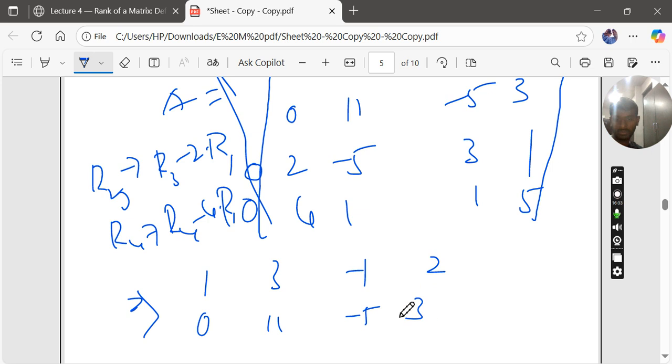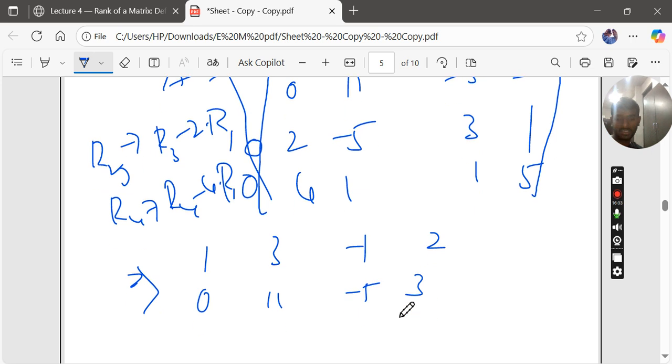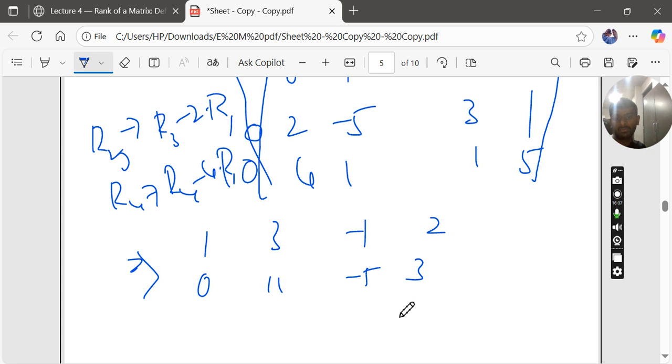So now multiplying R1 with 2 and subtracting from R3, what will I get? 0, and here 6 is there, so minus 5 minus 6, minus 11, and again here 2 is there, minus 2, and here plus 3 is there, minus 5, and here 2 is there, 4, and 1 minus 4, minus 3. Right, 1 minus 4, minus 3.